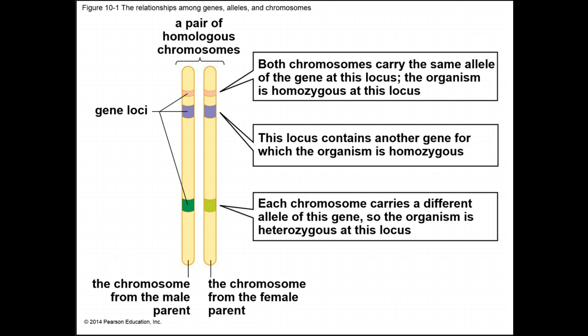If, for example, these gene pair encoded for, say, eye color, maybe the dark green allele would represent the brown-eyed version, and maybe the light green represented the blue-eyed version. Ultimately, what eye color this person would express would be dictated by which version of these different alleles is the dominant one. But we will talk more about that later.